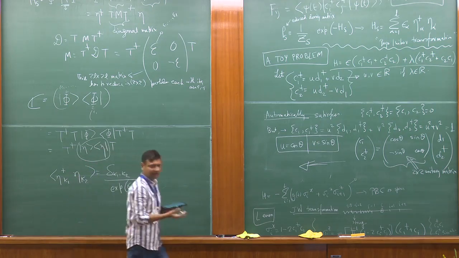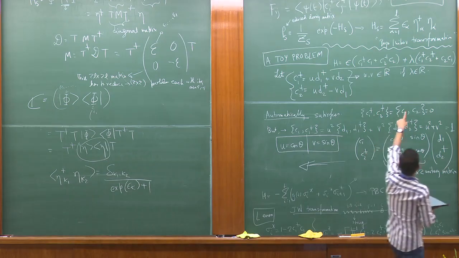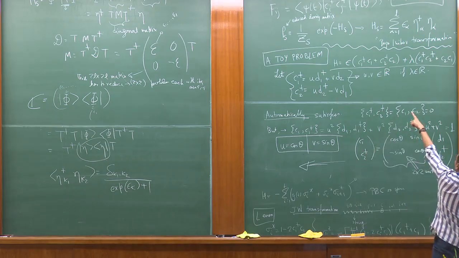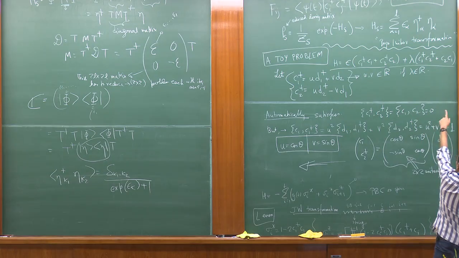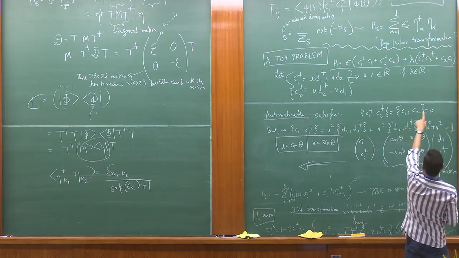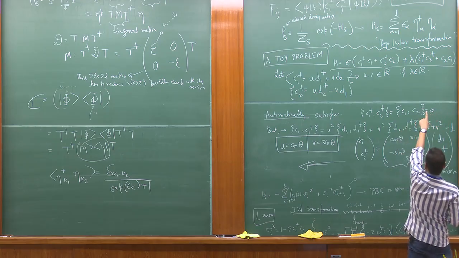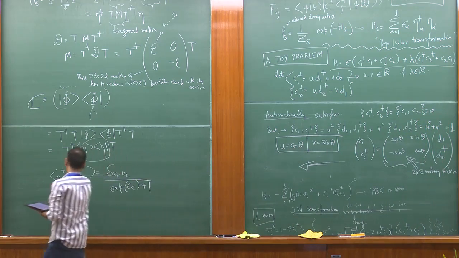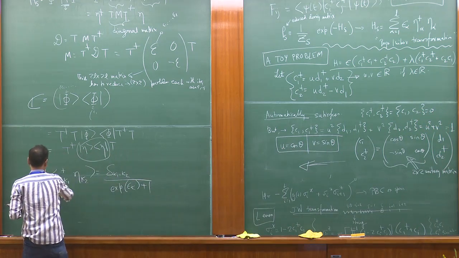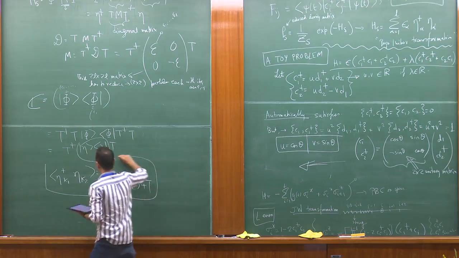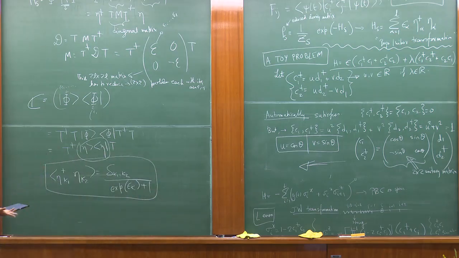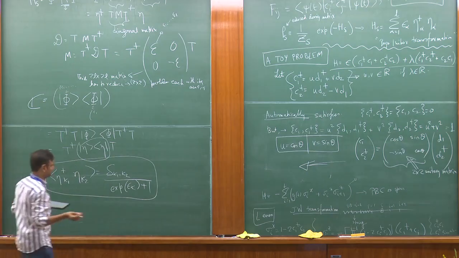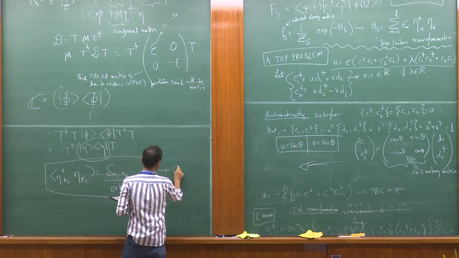That's it, from Fermi-Dirac distribution, because this is a fermionic problem with an effective beta of 1, right? If you're looking at some appropriate mode eta_k, then it has an epsilon_k, right? So you know from the Fermi distribution that this is what this thing should look like. That's the only correlation function which can be non-zero here. All other correlation functions must be zero, right? So this comes from Fermi-Dirac.